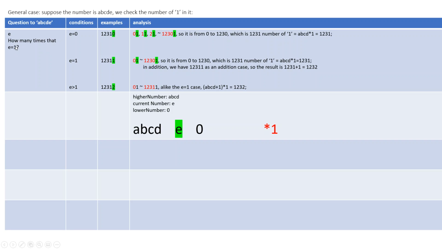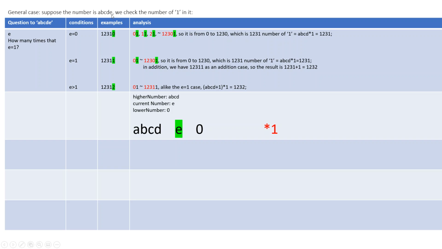Well, it depends. We ensure that the input is a 5-digit number, because we are discussing this special case A, B, C, D, E. So A should not be 0, and B, C, D, E could be 0.